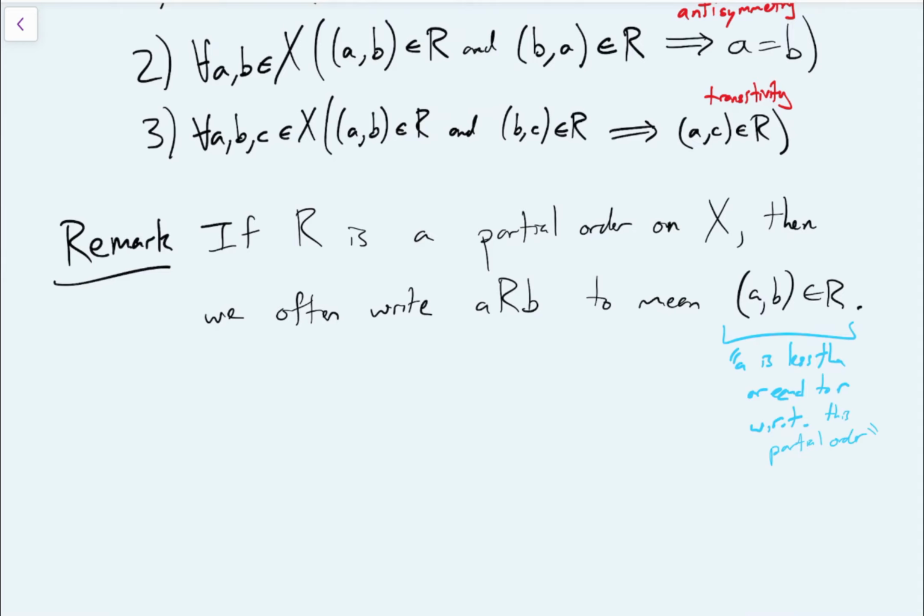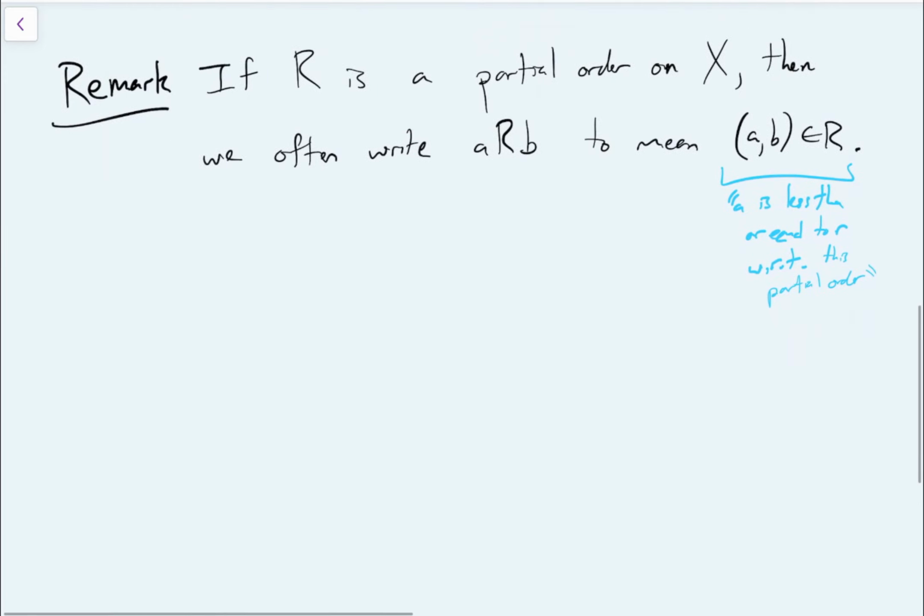So instead, we write aRb. This is just shorthand for (a, b) in R, just a more convenient way to write that a is less than or equal to b with respect to this partial order.